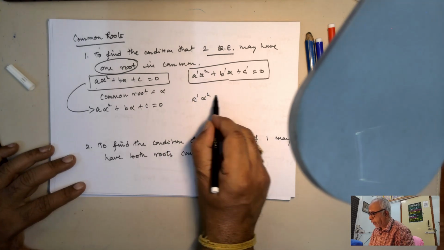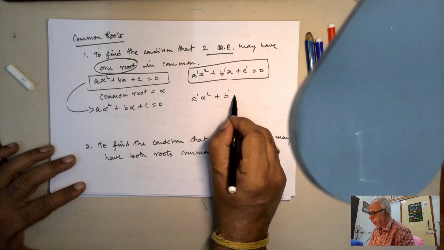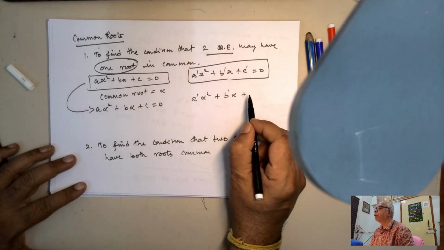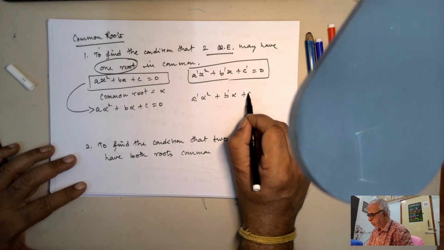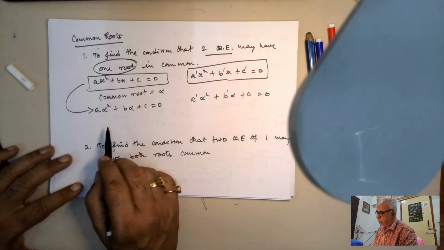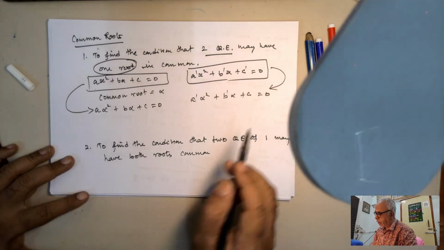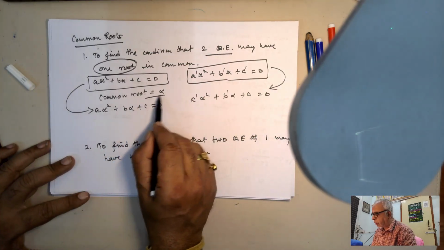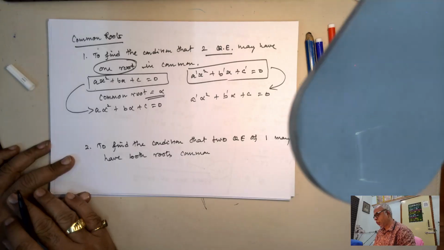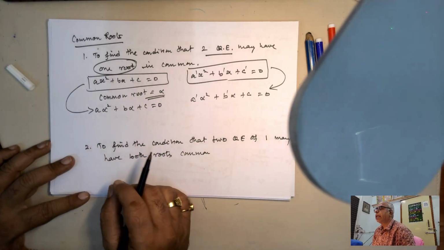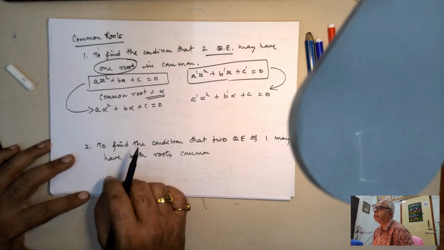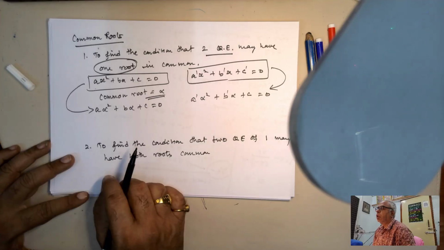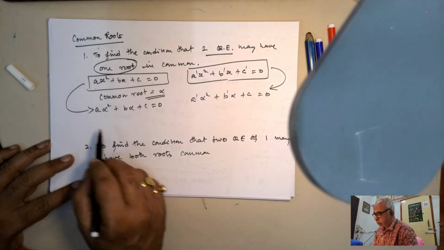So this equation becomes like this. Do you understand why? Because we have the common root alpha, so I am replacing x by alpha. Now solving by the rule of cross multiplication.